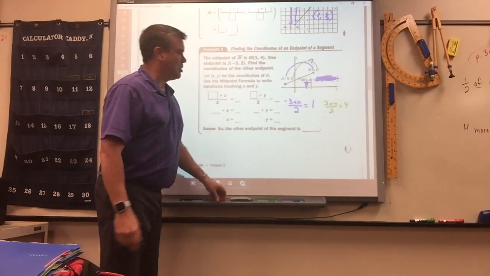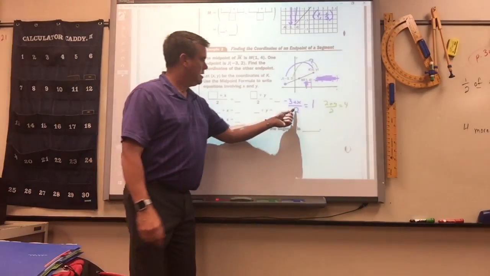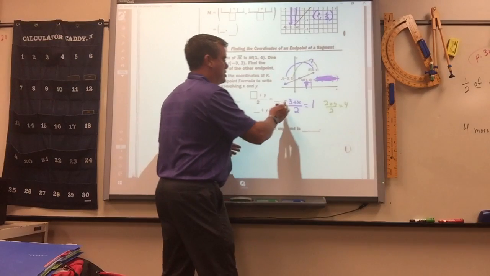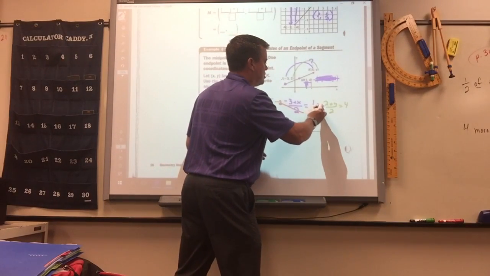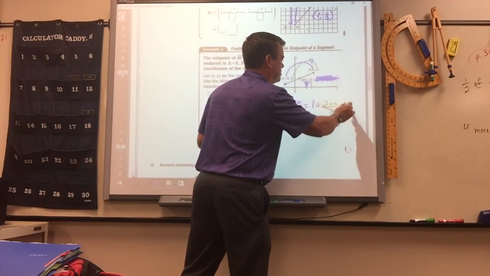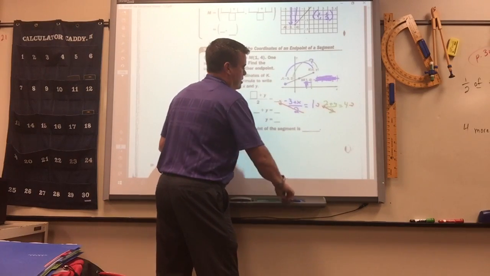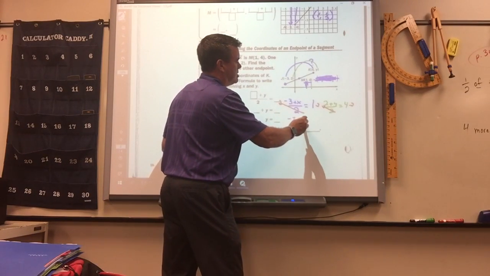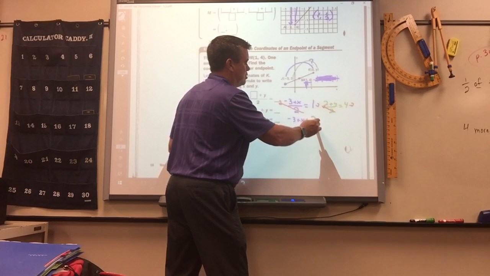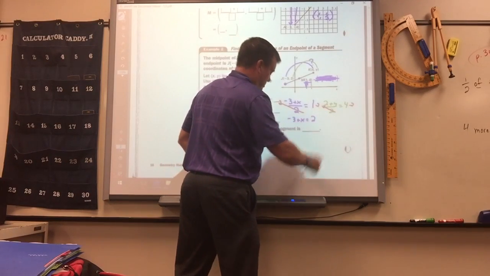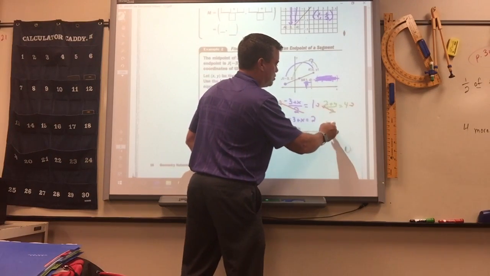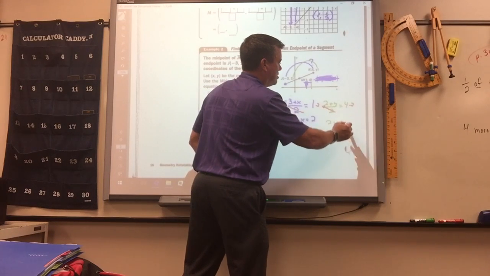Once you write them down, they're always solved the same way. First you get rid of the 2 on the bottom, so you multiply by 2 on both sides. So you're left with negative 3 plus x equals 1 times 2, which is 2. Here it's 2 plus y equals 8.